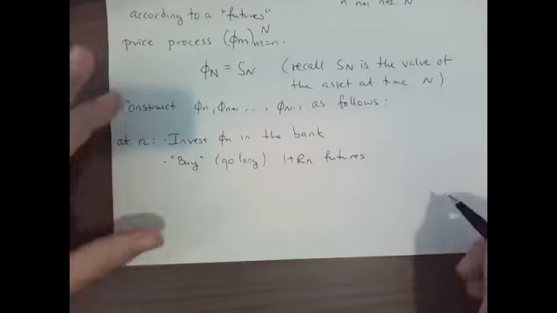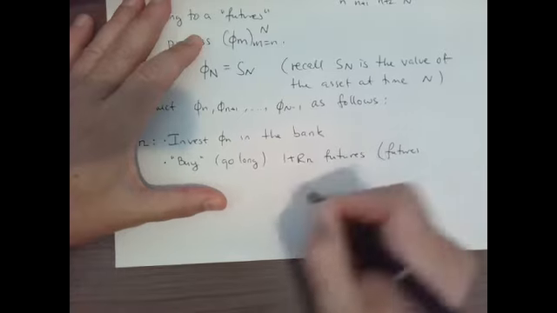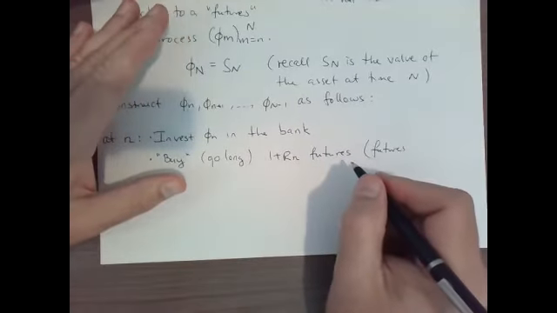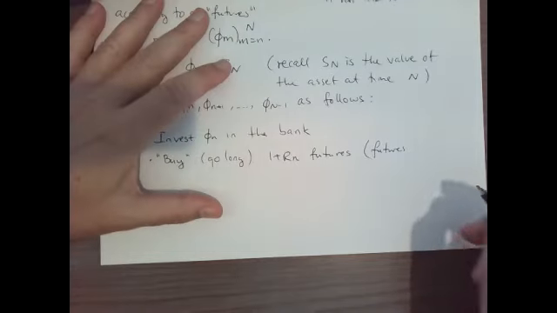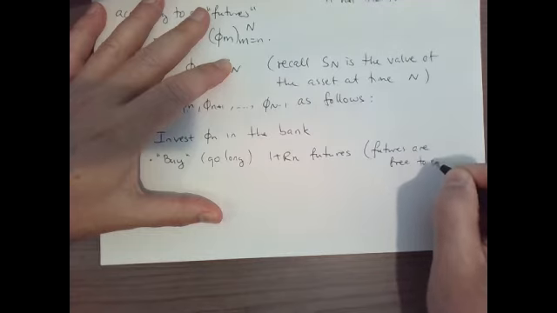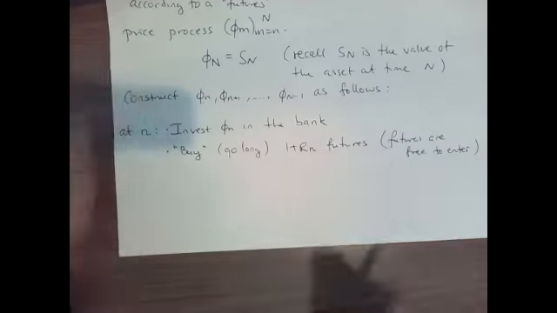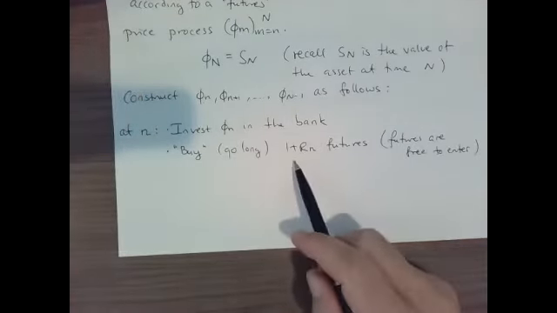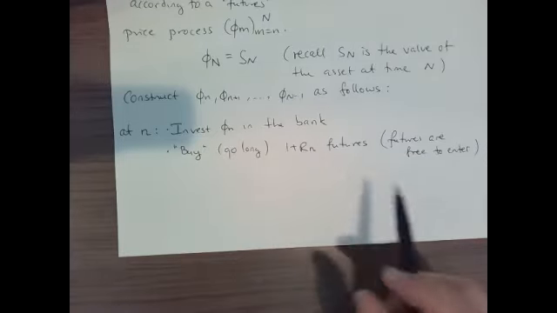But it doesn't cost anything to enter futures, just like for the forward struck at the forward price, futures are free to enter. So we go long a number of futures, this 1 plus Rn. This is a random number, but of course at time n, I know what Rn is.